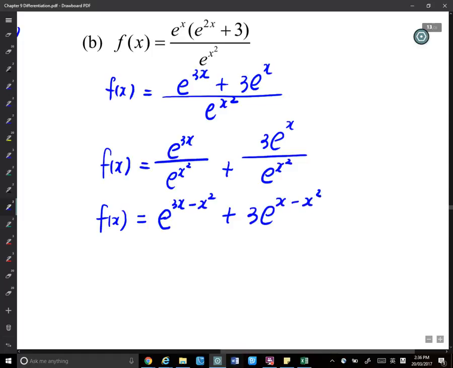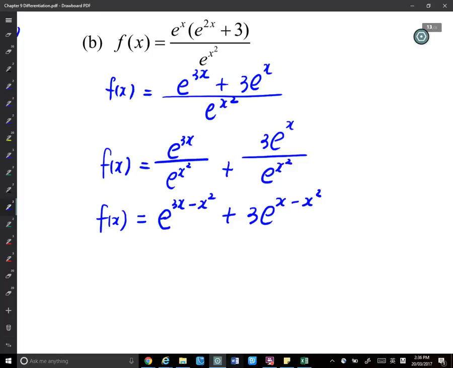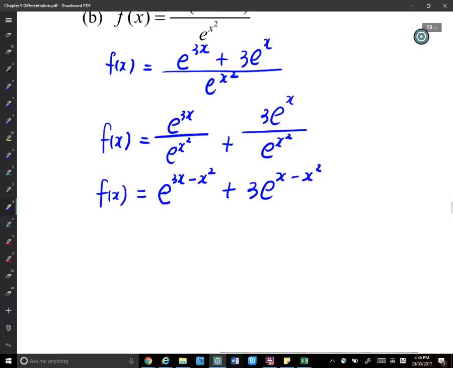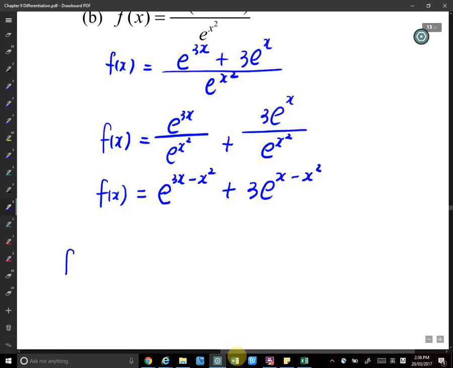Okay, you subtract the power. And now it looks perfect. We don't have any multiplications between the rules. So I will work out f dash x.